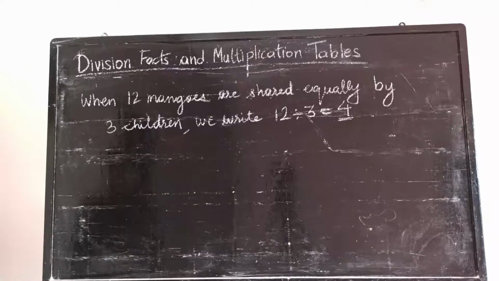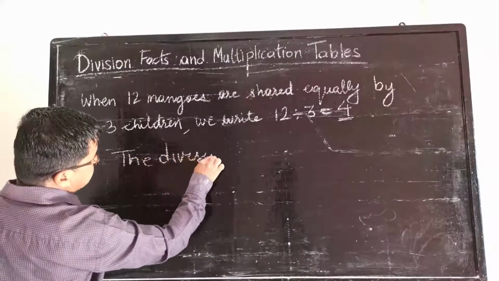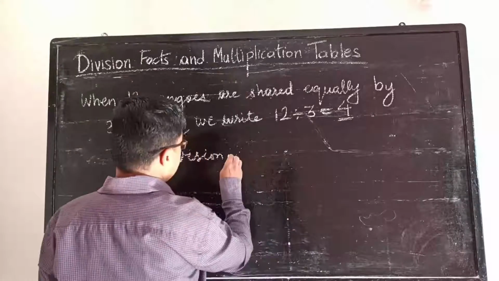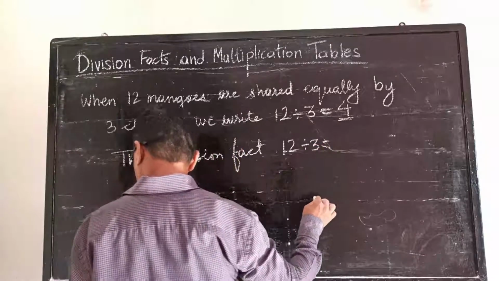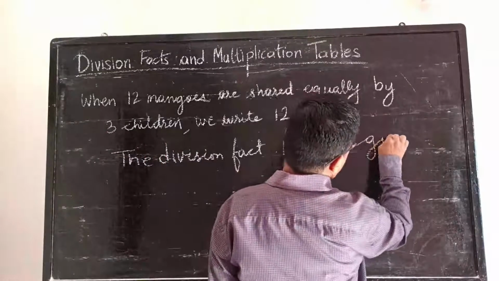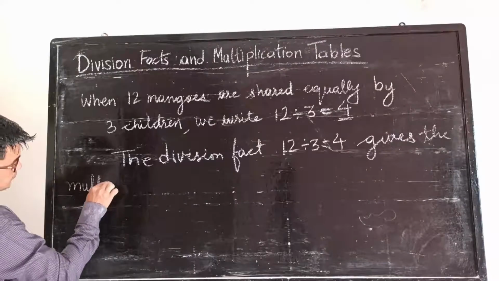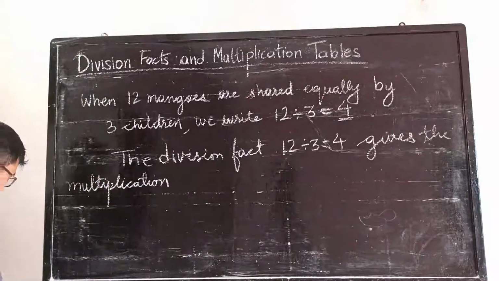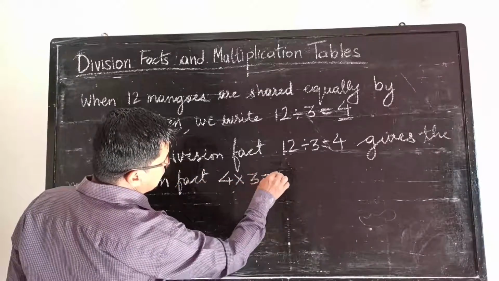Now the division fact. 12 divided by 3 is equal to 4 gives the multiplication fact, 4 into 3 is equal to 12.